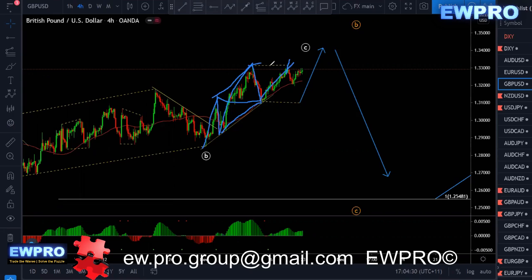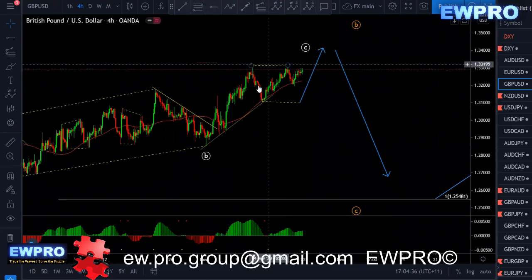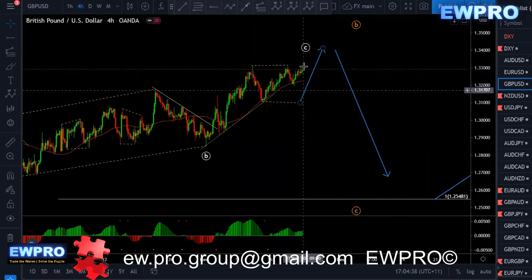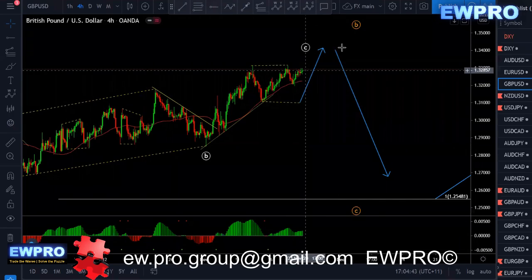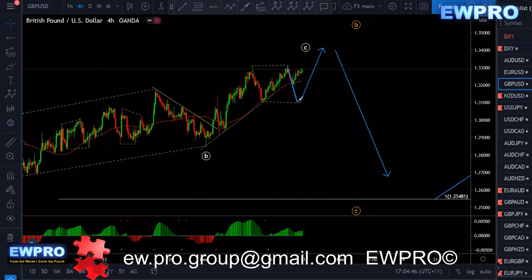Now that top wasn't broken, so it makes it very difficult, and this is more than likely a correction starting here to give us more upside, even though this wave here wasn't large enough. This still can be an A, B, C, A, B, C before the larger A, B, C to finish off the C wave.